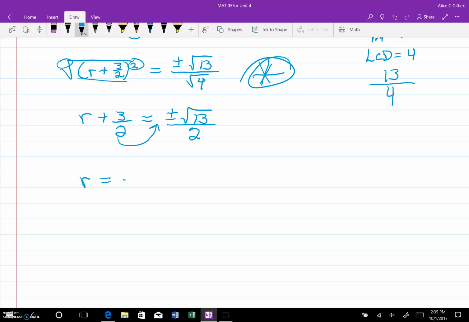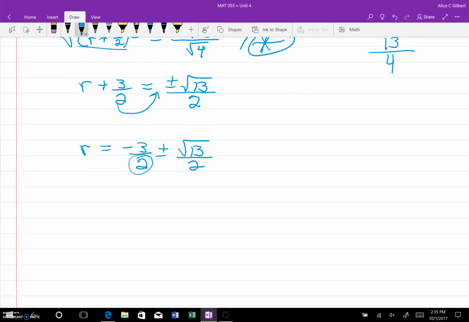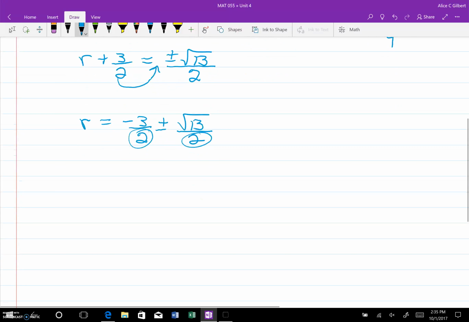So r equals -3/2 plus or minus the square root of 13 over 2. Okay, and because these are both common denominators, I'm just going to write it over one denominator. This is how I want it written. Please do it like this, not like the book does.